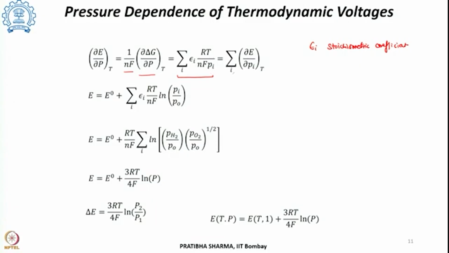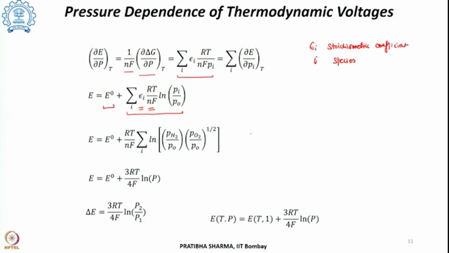This can be summed up for the different species, where i is the individual species involved in the process. So del E upon del Pi at a constant temperature. Now this can be integrated such that E is equal to E naught plus summation over the species i, stoichiometric term, RT upon nF, R is the ideal gas constant, at a temperature T, ln of Pi upon P naught.